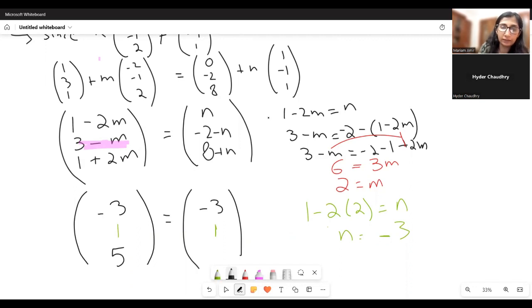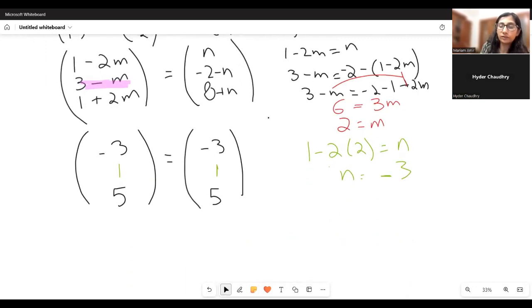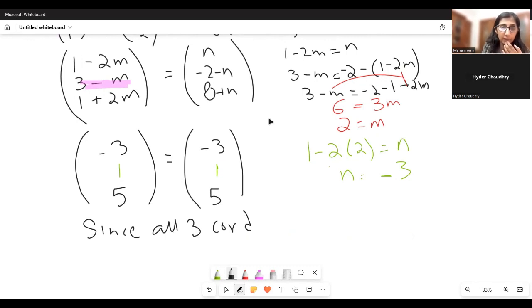And 8 plus n is 5 as well. So since all three coordinates are the same on both sides, hence the vectors intersect.